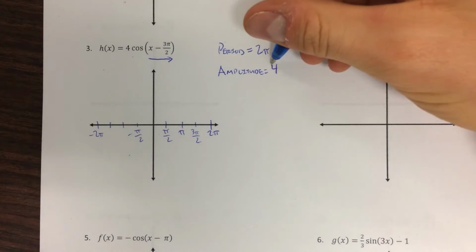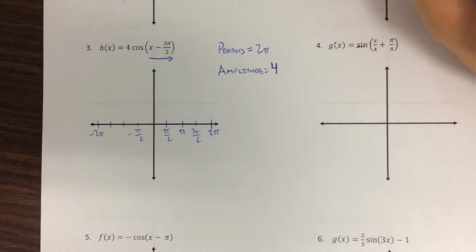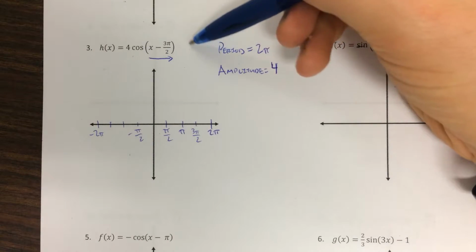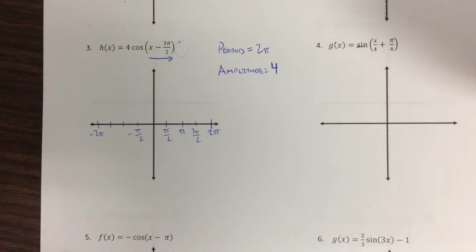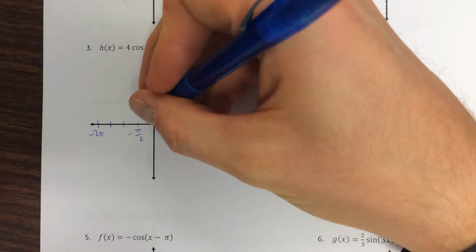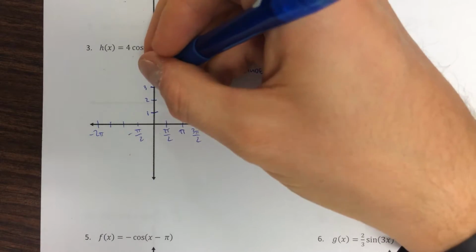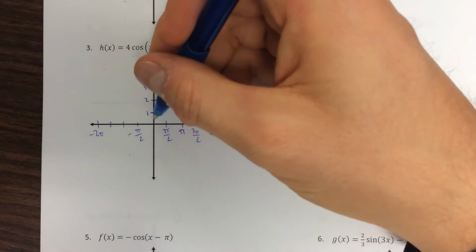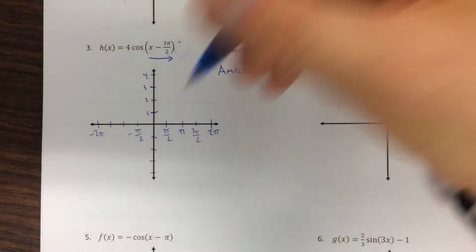Our amplitude is 4, which means we're stretching our function vertically by a factor of 4. But because we didn't add or subtract anything outside of our parentheses, we're not shifting the entire function up or down. So we can just go to 4. So let's say 1, 2, 3, 4. And if we went in the negative direction, okay.